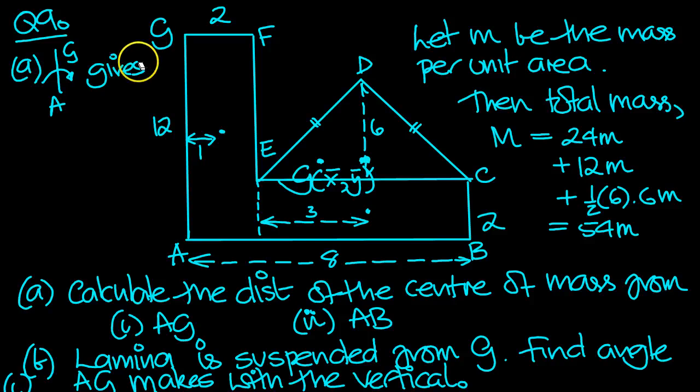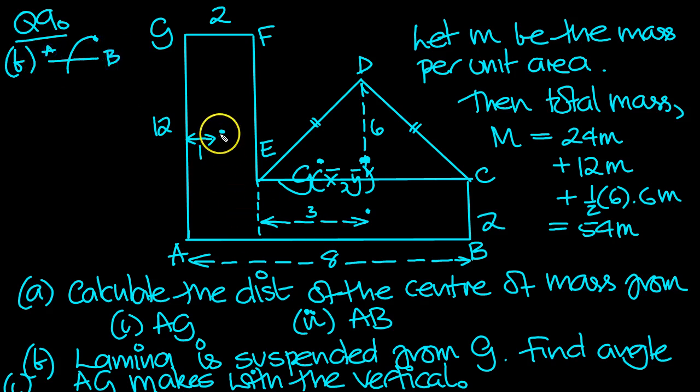So I'll put it in here afresh. Take moments about AB. So what have we got? We've got 24m times this height here, which is 6.